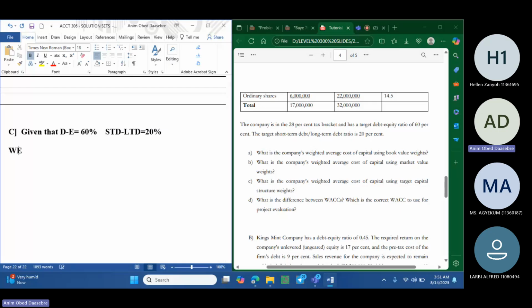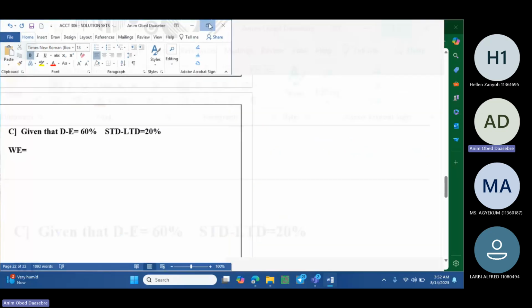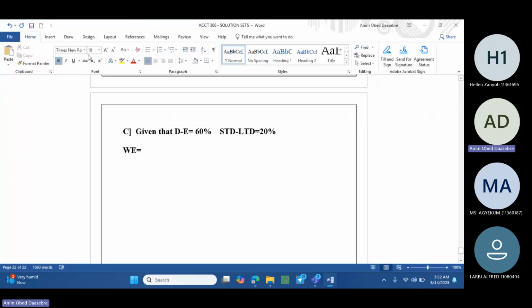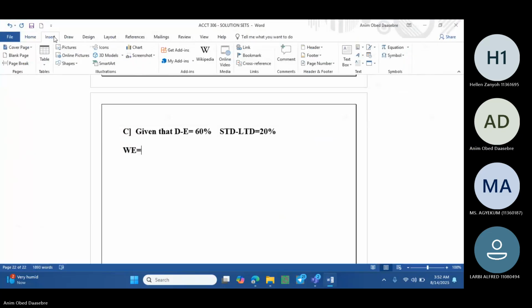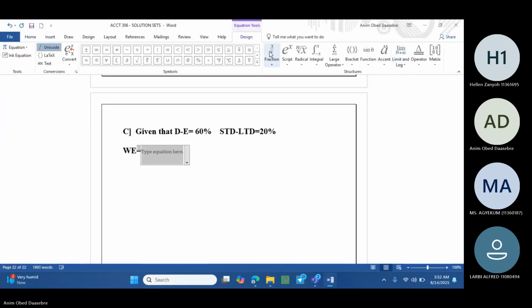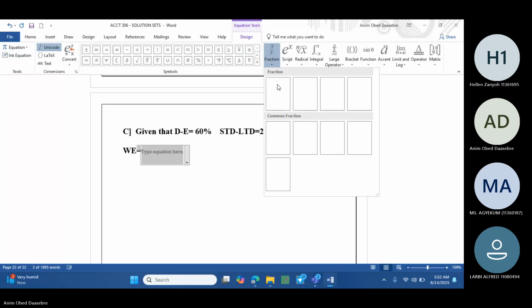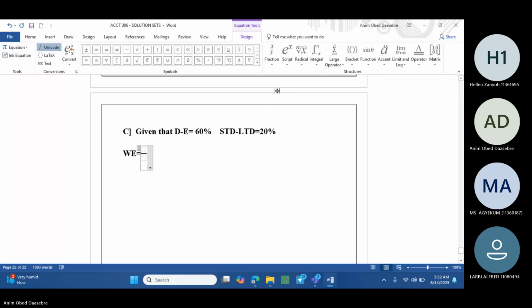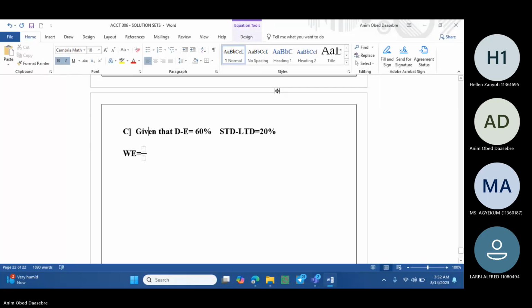In order to find the weight of equity, it is the equity divided by the total value.